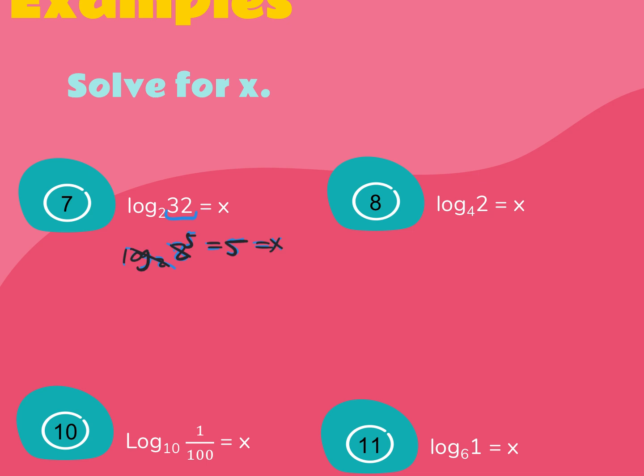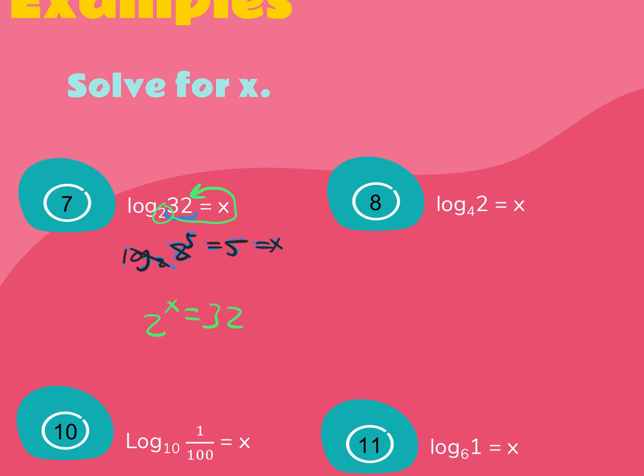You could do it this way, but I did it in class for one or two classes, and it was kind of confusing for some of you. So if you're more familiar with exponential form, you can always convert it. Change it to exponential form, making it 2 to the power of x equals 32. And then from here you can convert.